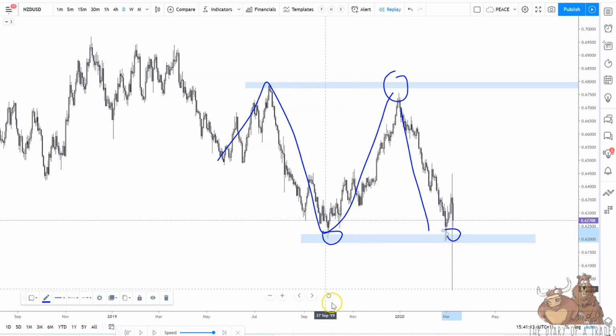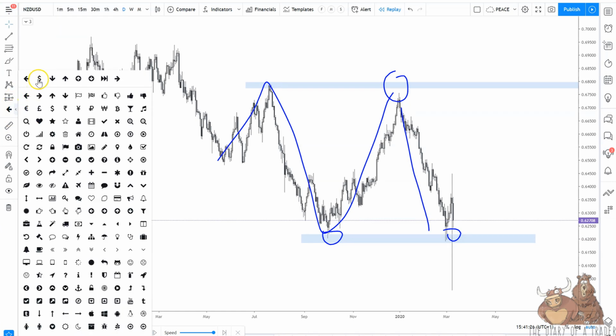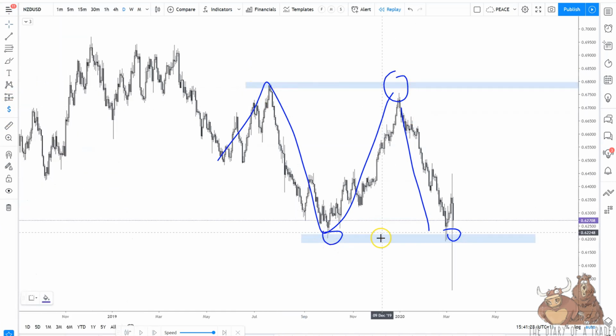Because of that, in these areas we have liquidity. And liquidity is people's orders in the market. That means that when price comes to these areas, we can expect that there will be orders there.